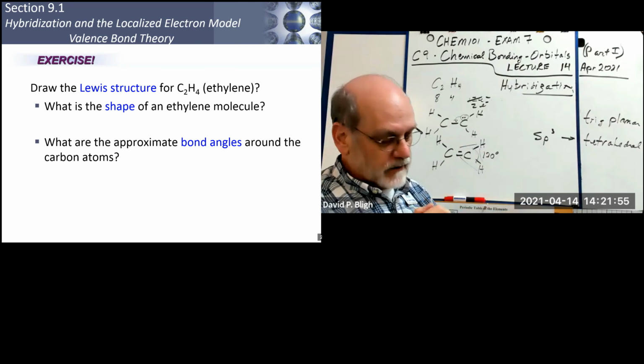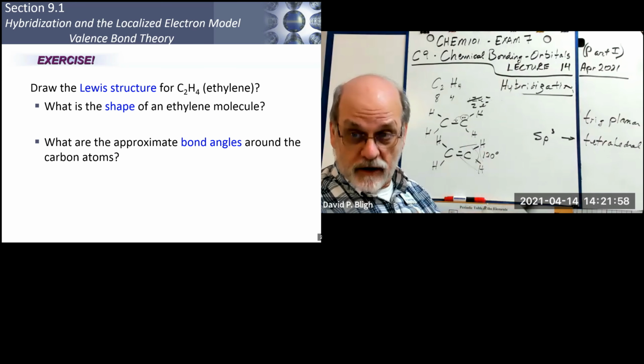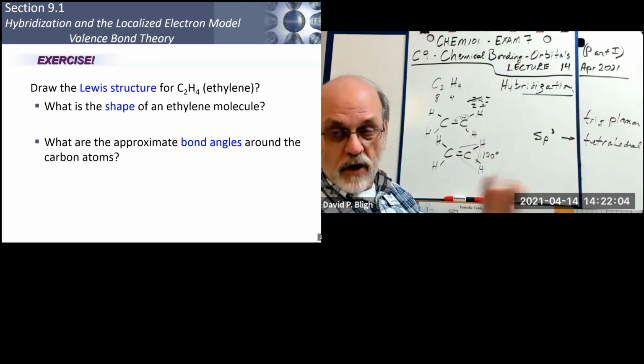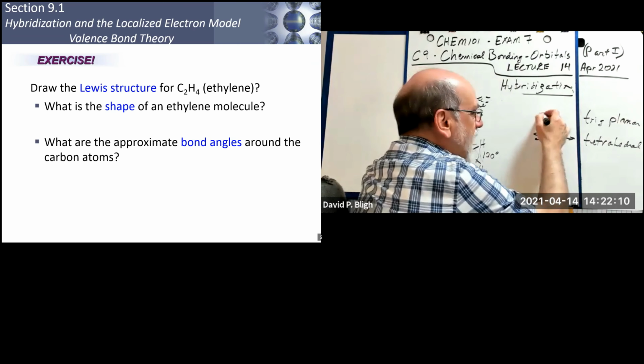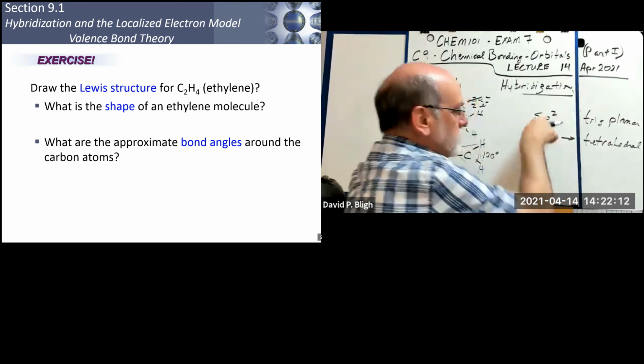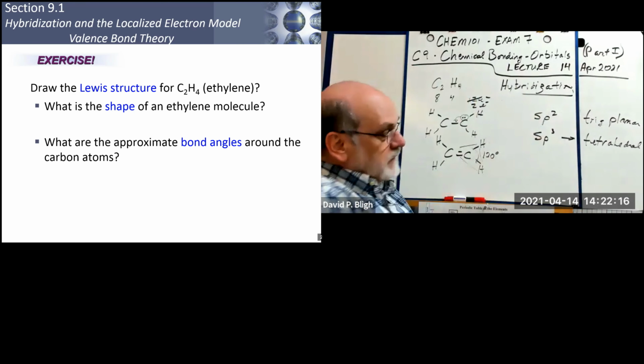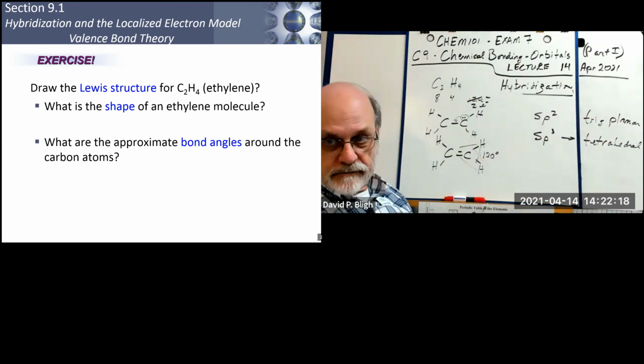So how do we get that? Well, we need 3 equivalent orbitals, correct? So how do you get 3 out of hybridization? Well, you start with s, and how many more p's do you need? You only need 2, correct? So you only need to hybridize 2 p orbitals. Okay? That gives you the trigonal planar.